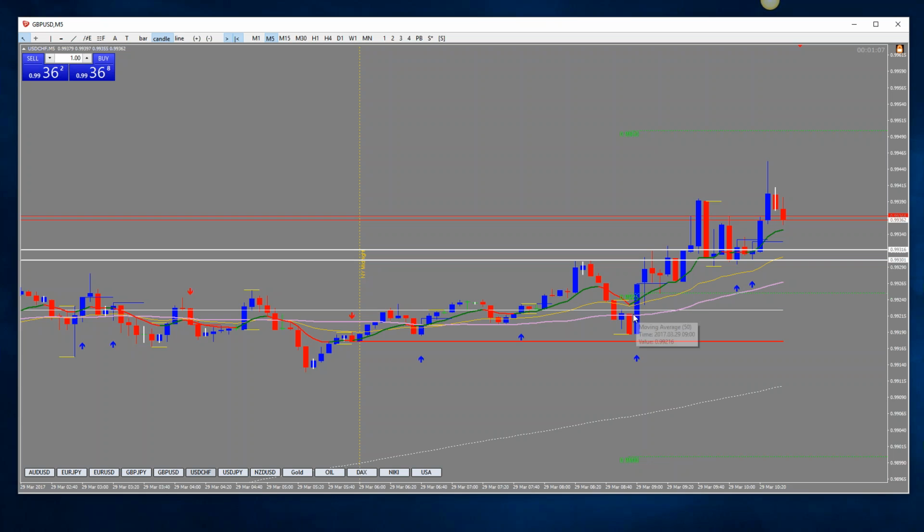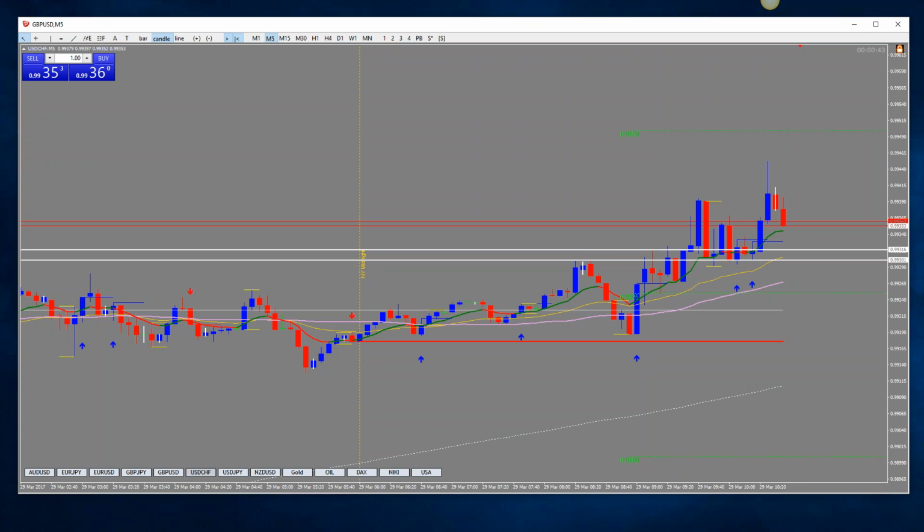Everything happens in waves, from what I've noticed. We have an up, we have a wave back, we have a pullback up, we have a wave back, we have a pullback up. That's what I'm looking for right now.